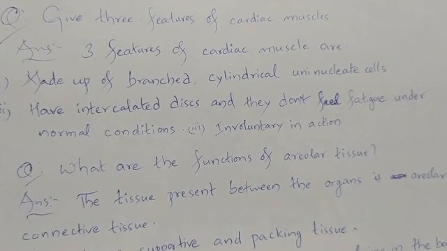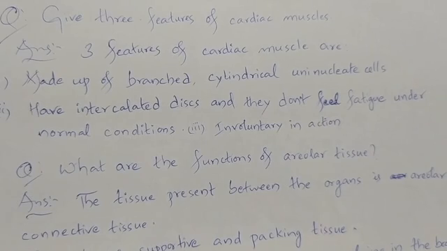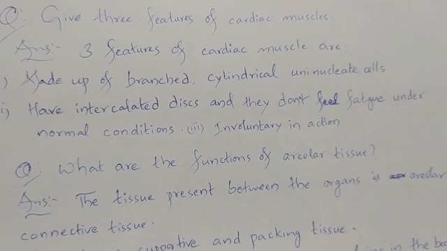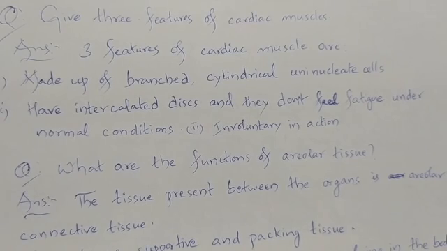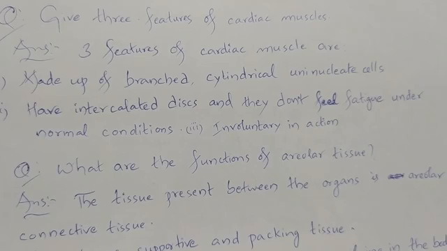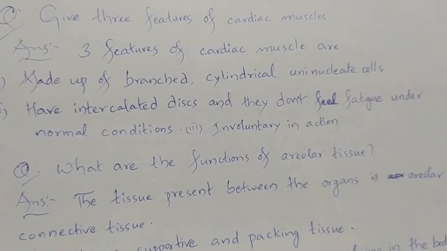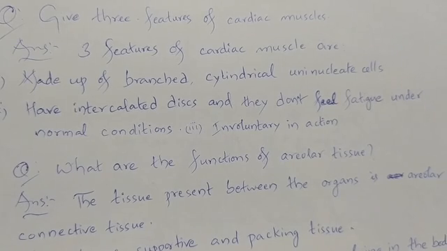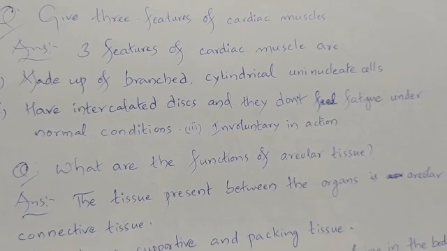But cardiac muscles, even though they are involuntary in nature, have stripes or striations like skeletal muscles and function like smooth muscles. They have one unique property, that is, they have branched cells.